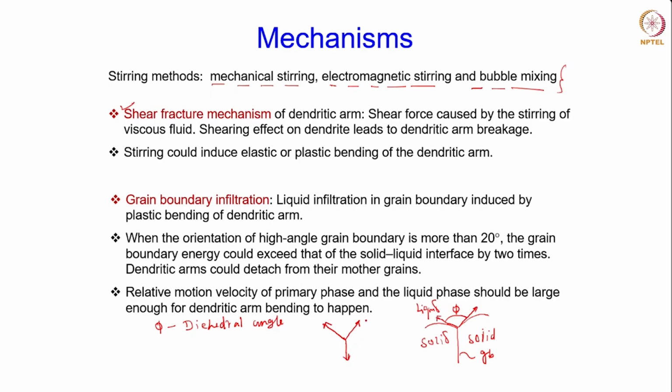So here you have the solid-liquid surface energies, gamma SL, and this is the solid surface energy, or the grain boundary energy, and this is the dihedral angle.